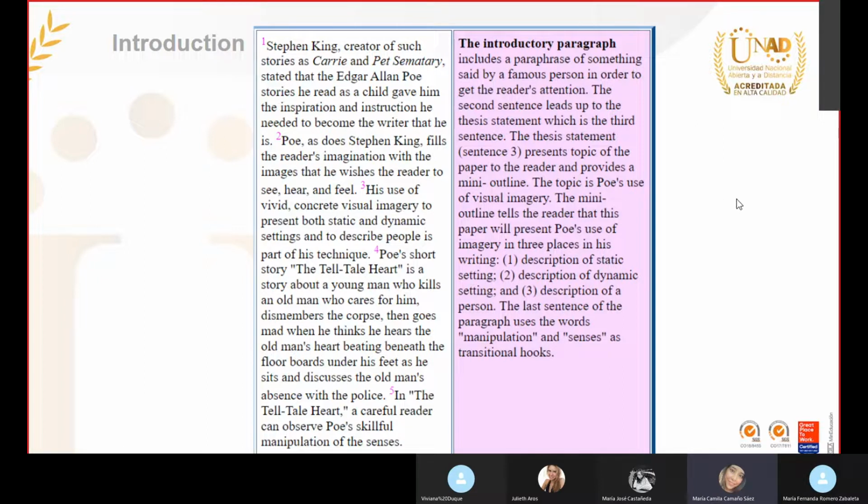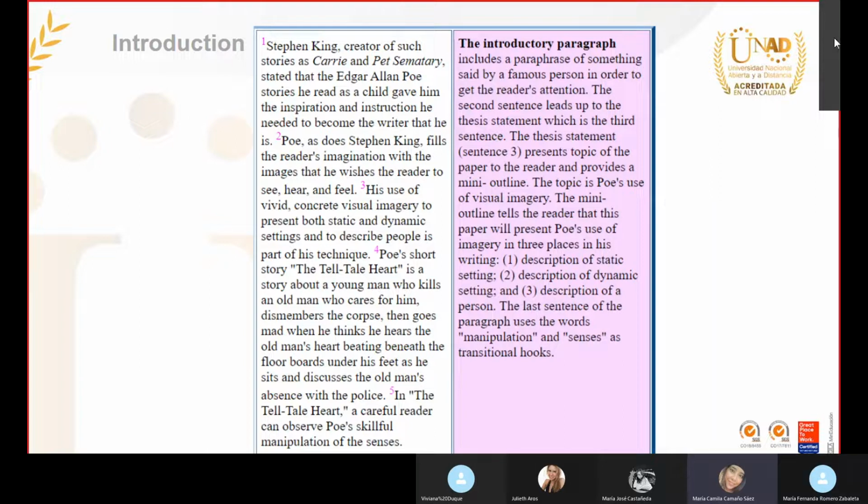Stephen King, creator of such stories as Carrie and The Pet Cemetery, stated that the Edgar Allan Poe stories he read as a child gave him the inspiration and instruction he needed to become the writer that he is.